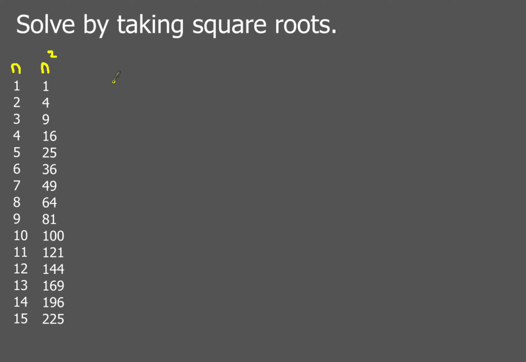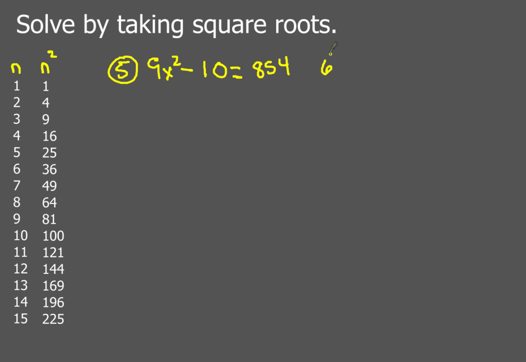The first example is going to be example number 5. That one is going to be 9x squared minus 10 equals 854.